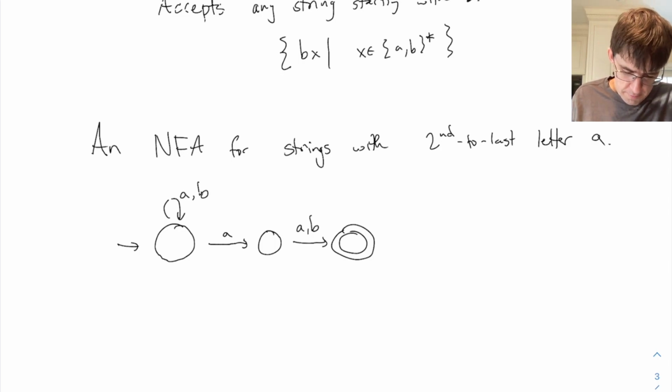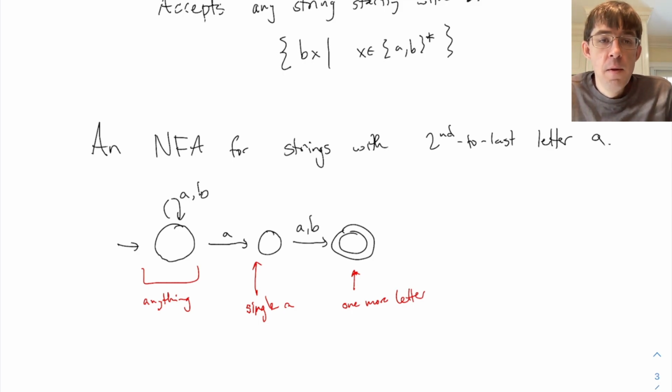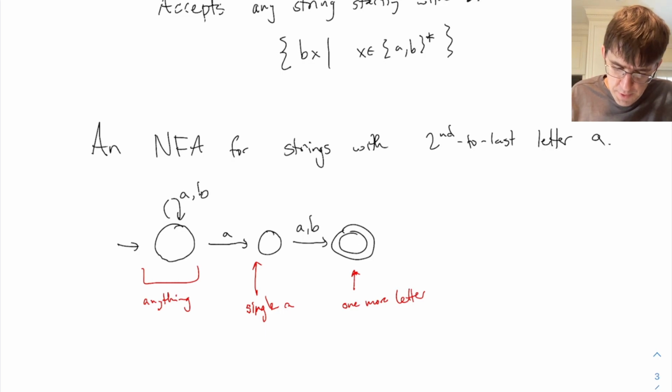So the way that I sort of visualize this machine is, this is like anything, a single A, and then over here, one more letter, right? Maybe these should be pointing at the arrows.